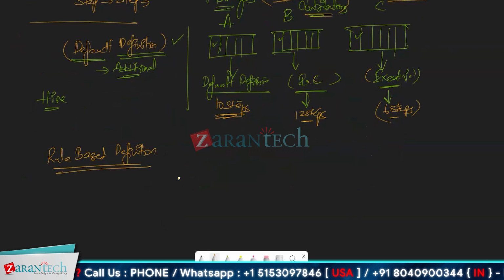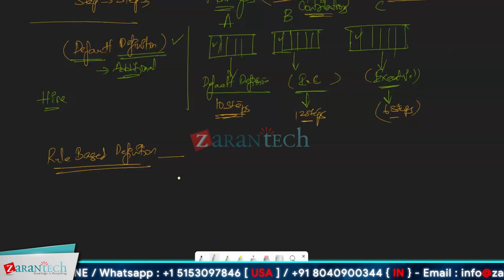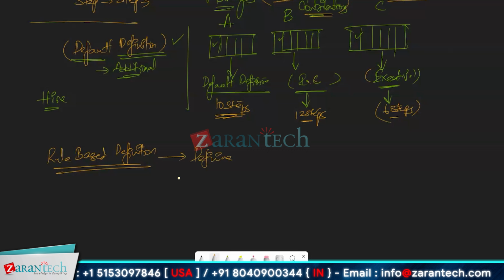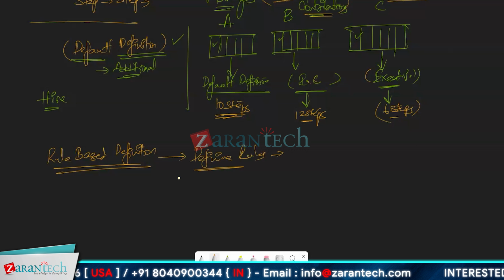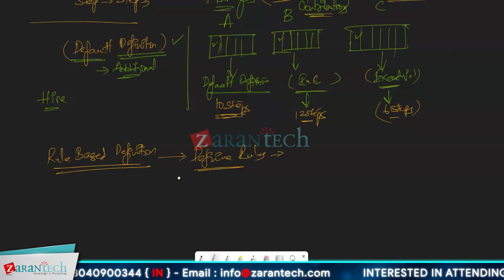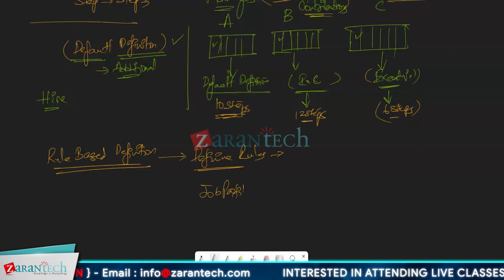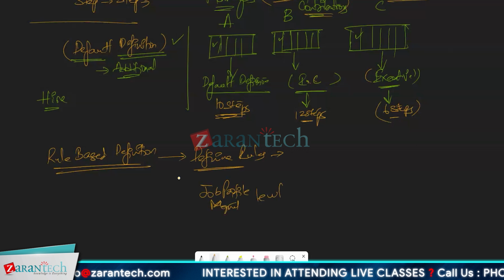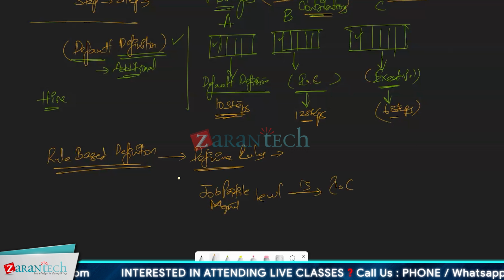In the rule-based definition, you can define different rules, and based on the result of the rules, a version is chosen. For example, let's say you created a rule that says if the job profile management level is, let's say, individual contributor.